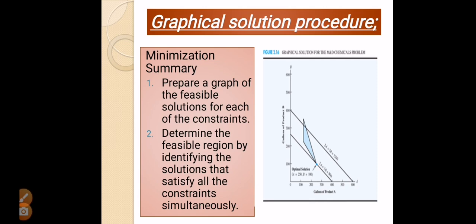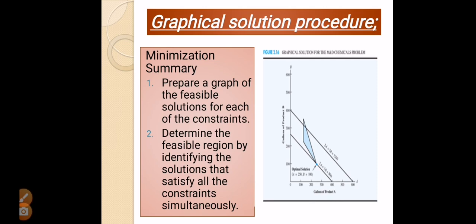This will be the graphical solution procedure for minimization. It is the same as in the maximization process. First, prepare a graph of the feasible solution for each of the constraints. In this graph, the constraints were plotted that way, and the blue shaded portion is the feasible region.